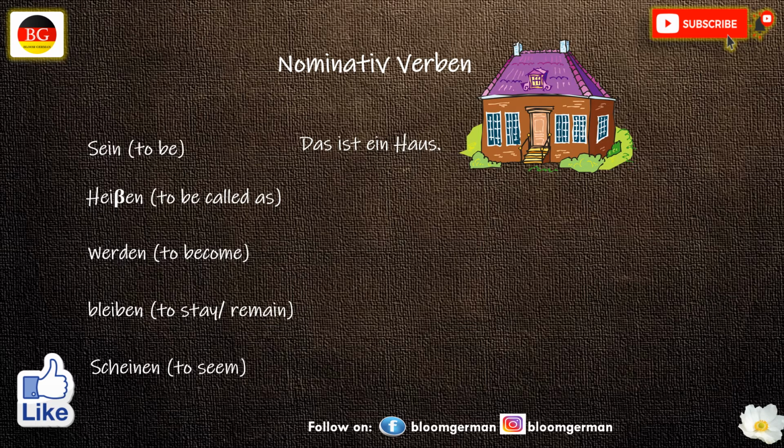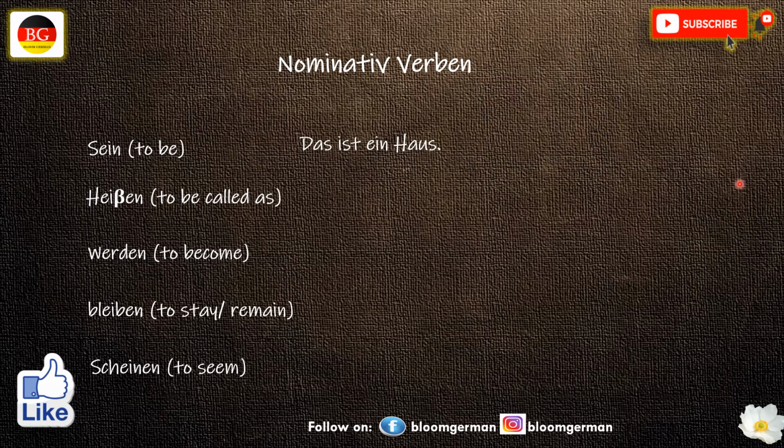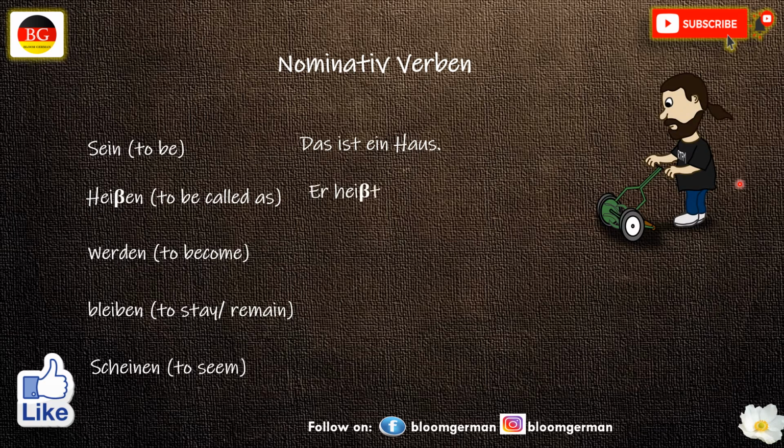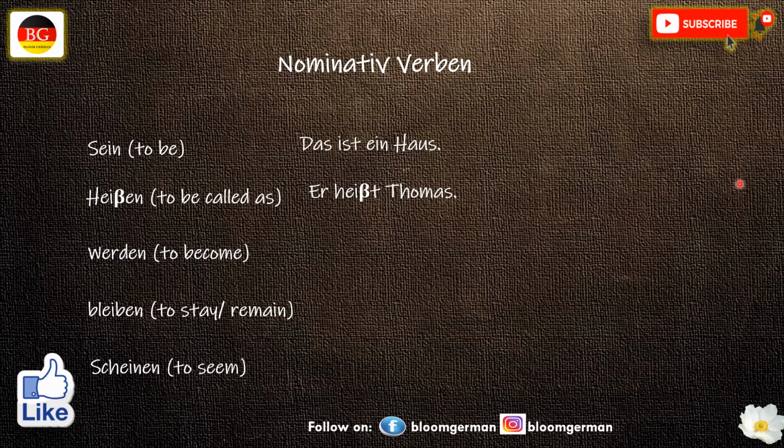Das ist ein Haus. Now what is das? Ein Haus. So ein Haus represents here the nominative case of a sentence. Er heißt Thomas. Who is he? He is Thomas.